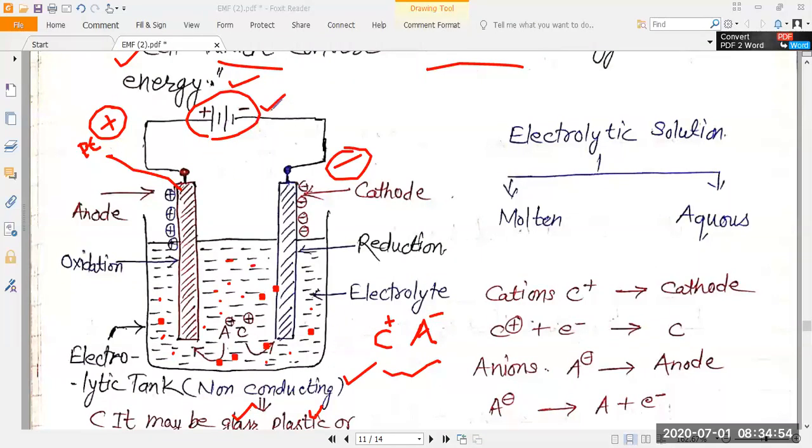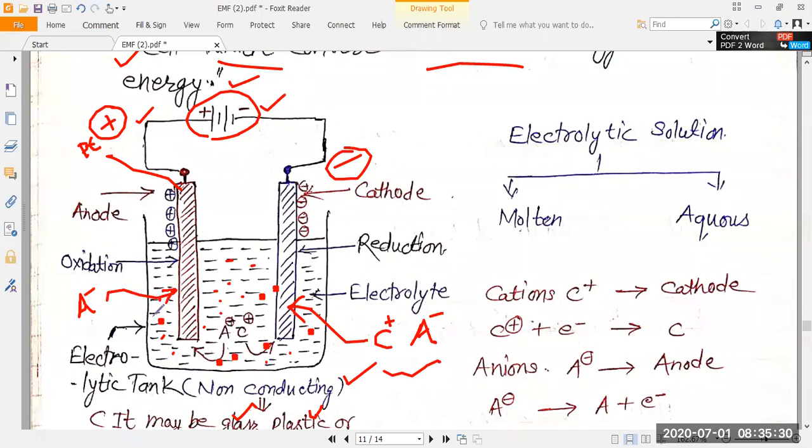When we supply electrical energy from the battery to the electrolytic cell, the anode becomes positive and the cathode becomes negative. Here C is the cation, so the cation will move towards the cathode, and the anion part, A negative, will move towards the anode because the anode is positive.